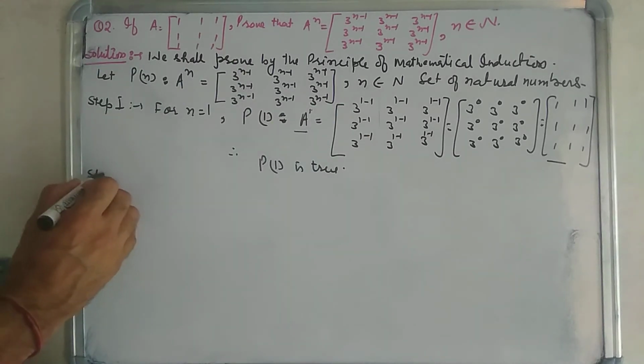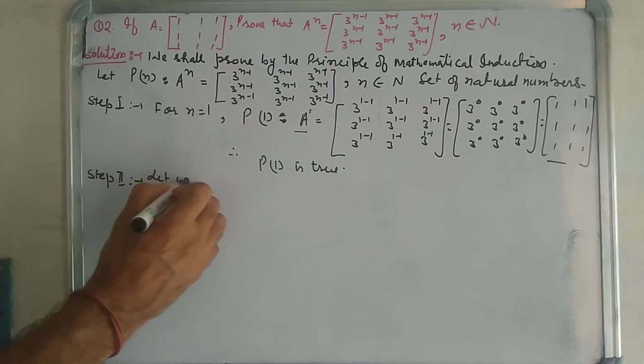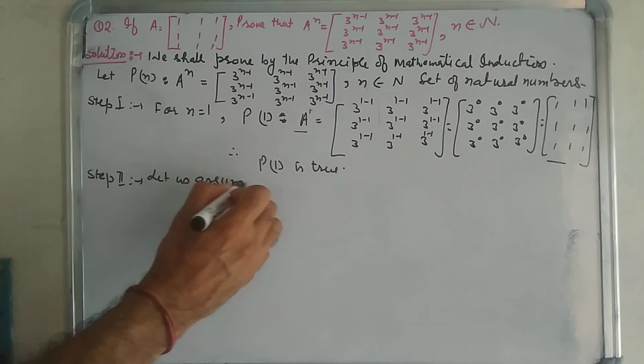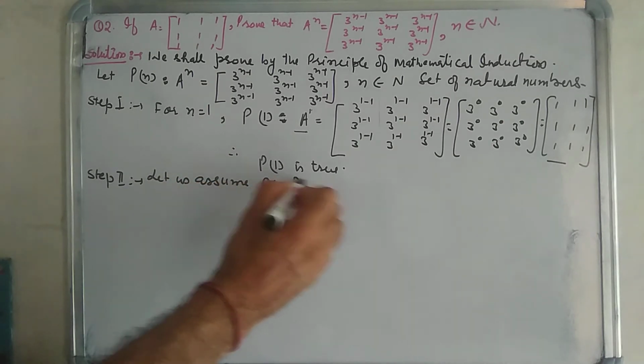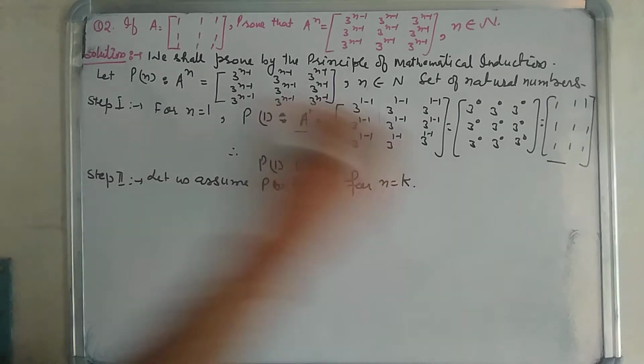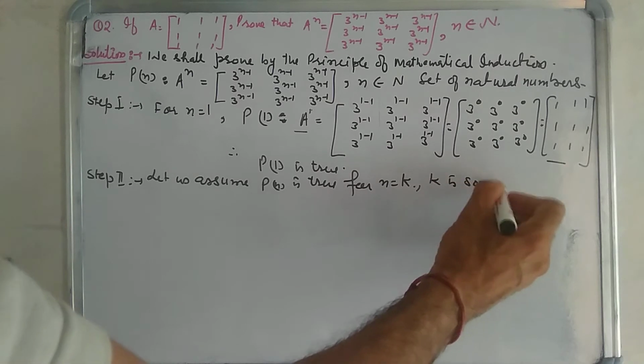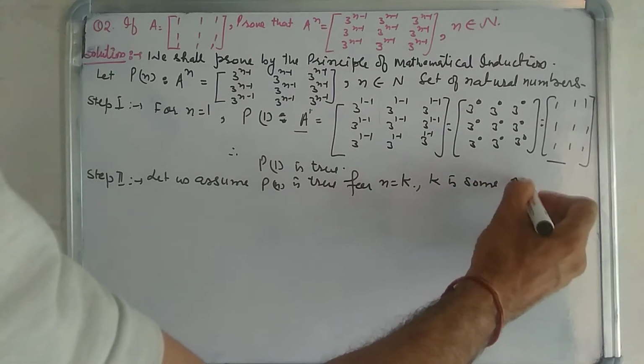Now in step number 2, let us assume Pn is true for n is equal to k, where k is some natural number.